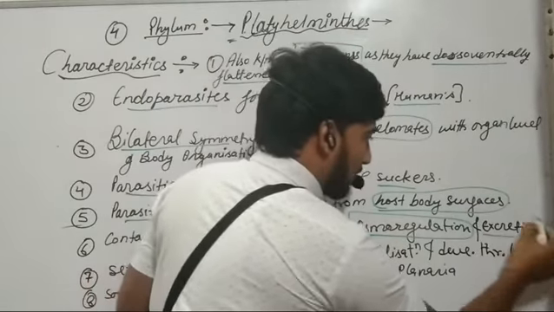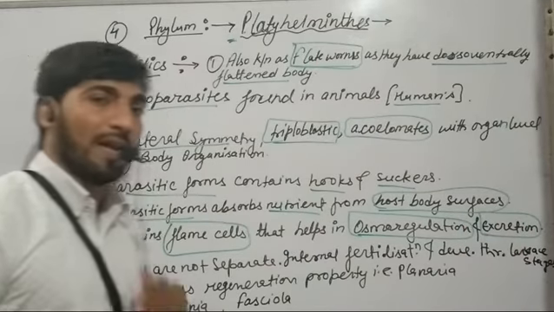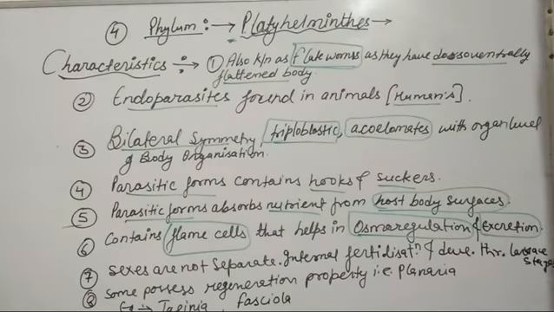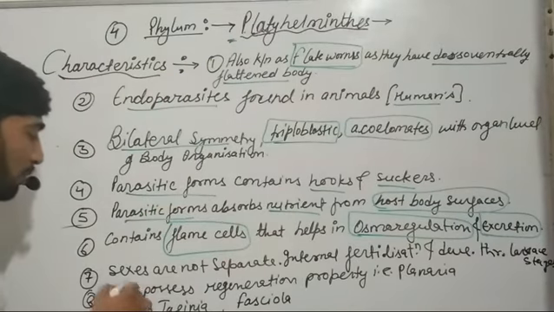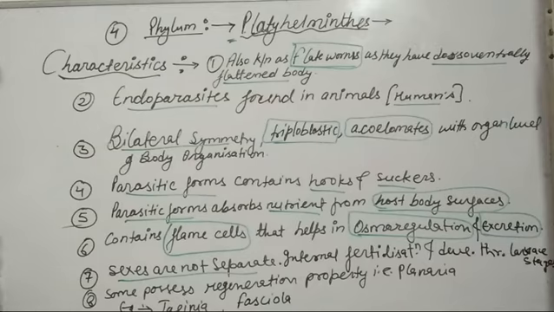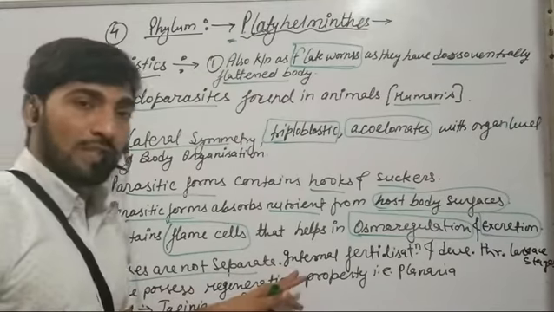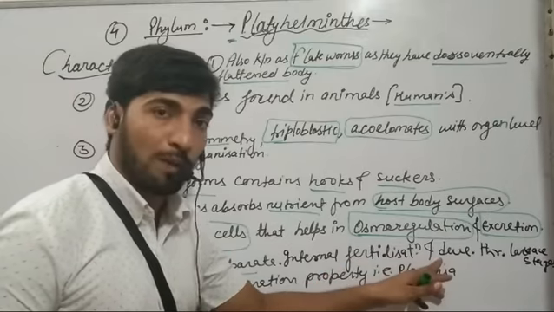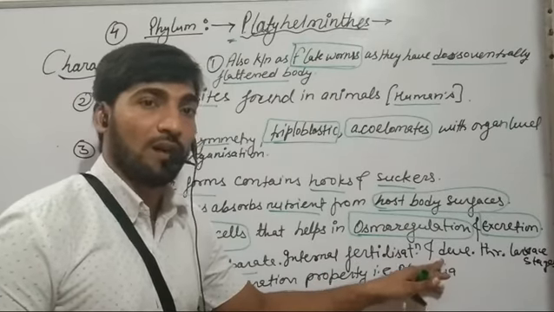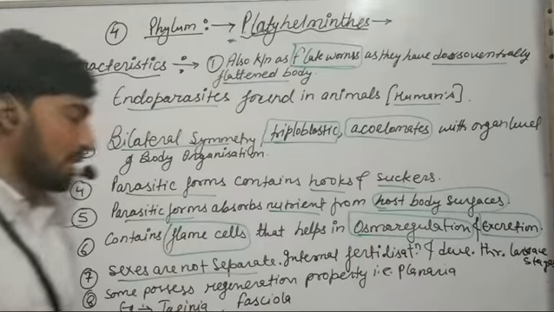The organisms of Platyhelminthes do not have separate sexes, and they carry out sexual reproduction with internal fertilization, and development after fertilization occurs through several larval stages.